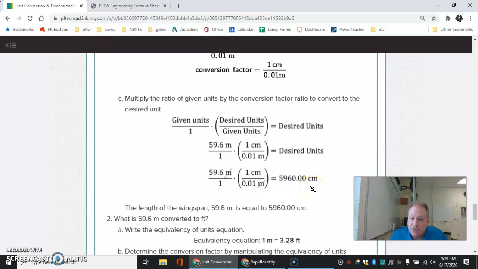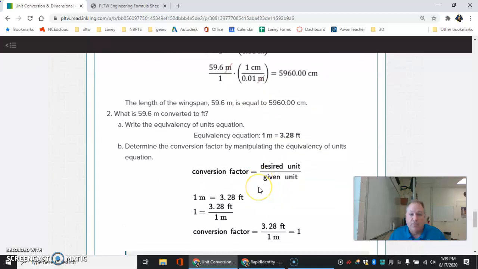If you remember the shortcut, you can look at the factor of 10, which is 10 to the negative 2. So I'm going to a smaller unit, and that tells me I can move the decimal that many places to the right. So if I started out with 59.6 and I move it 2 places to the right, that's where I'm getting 5,960.